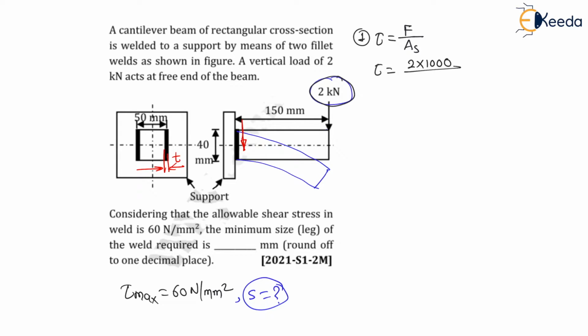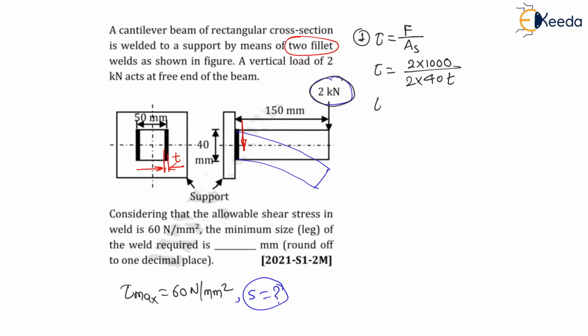Now my dear students, can I say here height is 40, thickness is T. There are two welds. They have mentioned two fillet welds here in the question. Means here one area is height 40 into thickness T. This is the one area, that is 40 into T, but there are two such fillet welds, therefore we have to multiply with 2.